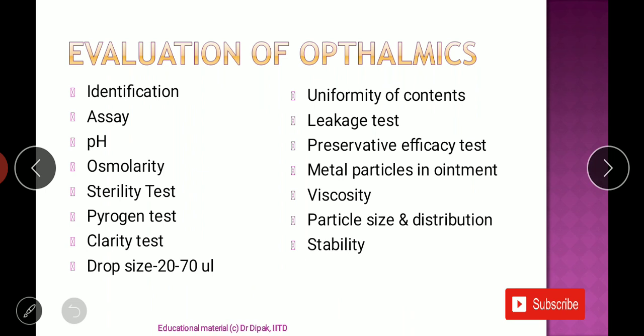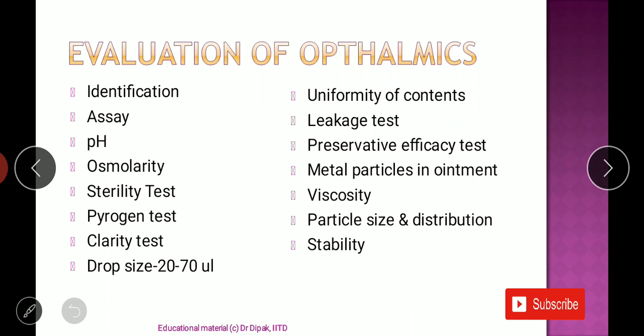The preservative efficacy test is carried out to check the efficacy of the preservative during storage. The preservative may be absorbed by the rubber closure or adsorbed to the container wall, so that is required to be tested. The concentration of preservative must remain sufficient to prevent bacterial growth in the preparation.